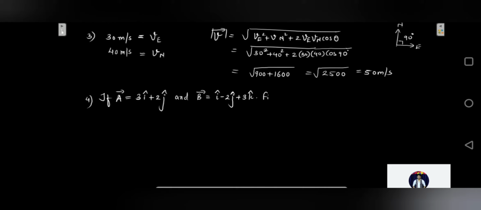Find the magnitude of A plus B and A minus B.